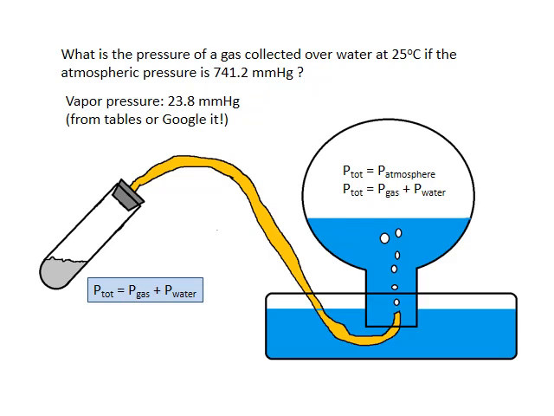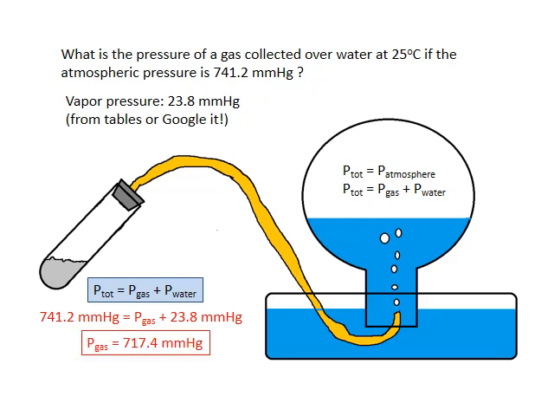So I've got 23.8 millimeters of mercury, apparently corresponds to the vapor pressure of water at 25 degrees Celsius. I know the total pressure was 741 millimeters of mercury. I don't know what the pressure of the gas is yet, but I know the vapor pressure is 23.8. So just by simple subtraction, I get the pressure of the gas as 717.4 millimeters of mercury.